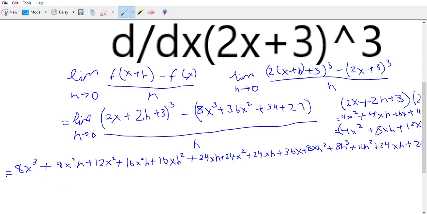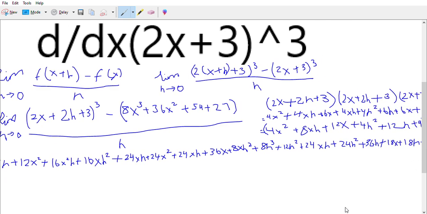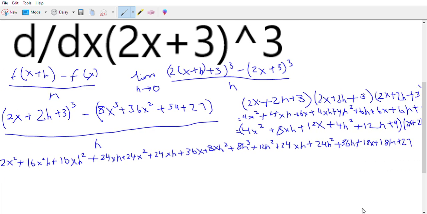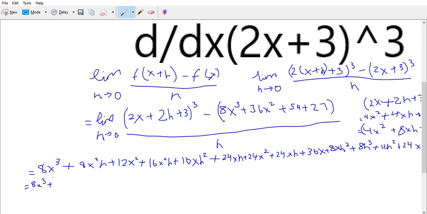So, of course, 8x cubed, actually, there are no other x cubed terms, so that will just be written as that. But 8x squared h has a lot. So there's 8, 16. That's at least 24. I think that's it. So it'll be 24x squared h.